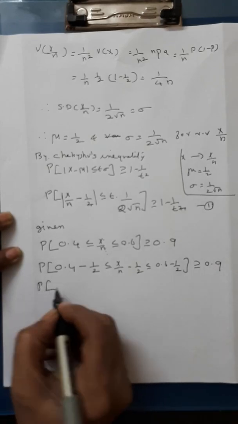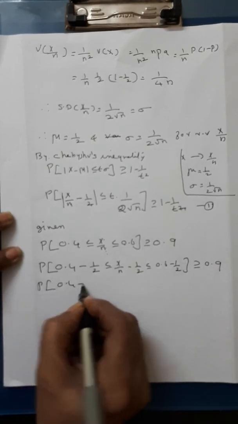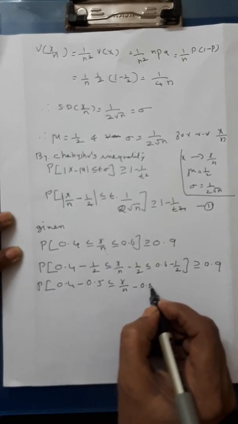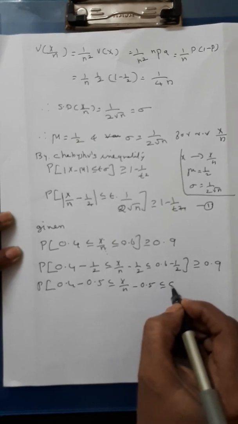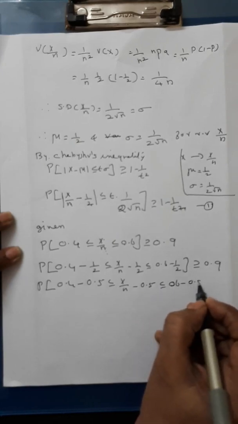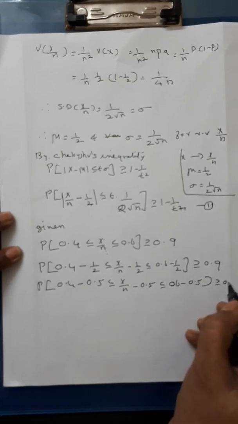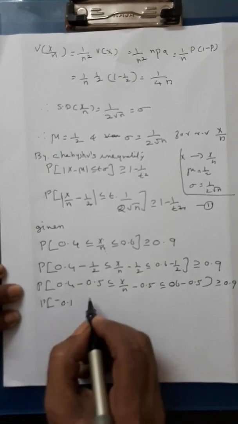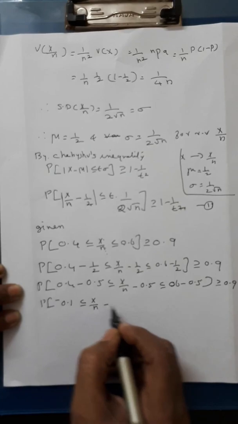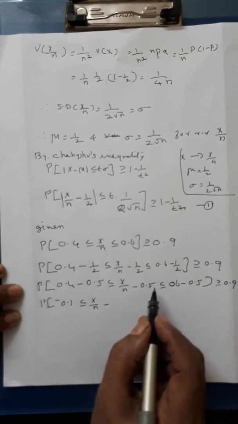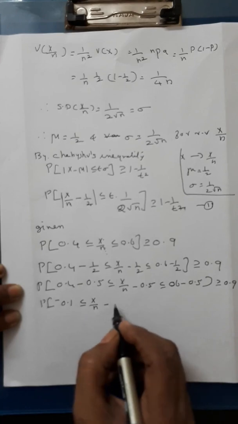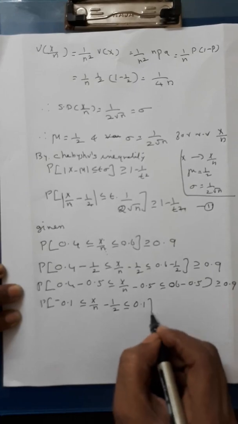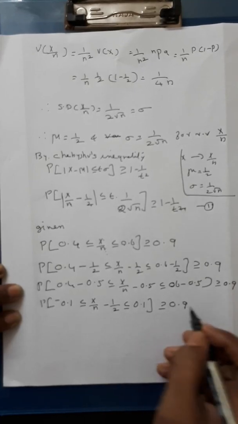That is P of 0.4 minus 0.5 less than or equal to x by n minus 0.5 less than or equal to 0.6 minus 0.5 is greater than or equal to 0.9. That is P of minus 0.1 less than or equal to x by n minus 1 by 2 less than or equal to 0.1 is greater than or equal to 0.9.